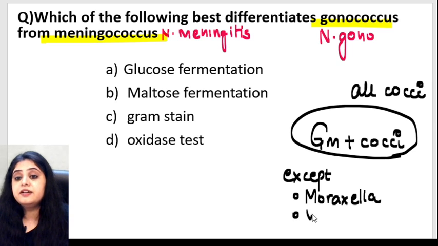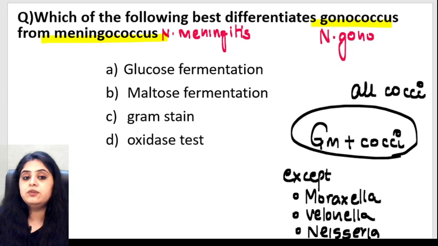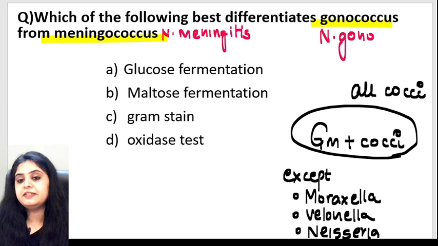Number 2, we have Veillonella. And we have Neisseria. So Neisseria, Moraxella and Veillonella. These are the exceptions, because otherwise all the cocci are supposed to be gram positive, but these cocci are gram negative. So Moraxella, Veillonella and Neisseria.